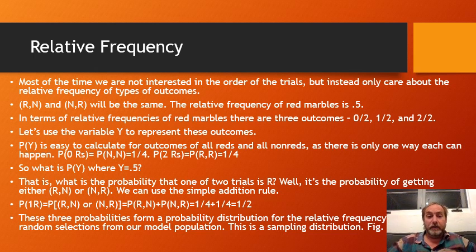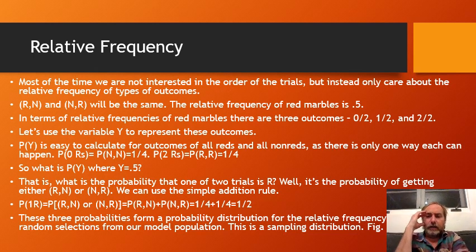So the probability of 0 Rs is the same as the probability of non-red twice, which is 0.5 times 0.5, or 0.25. And likewise, the probability of getting 2 reds is 0.5 times 0.5, or 0.25. So those we can figure out.